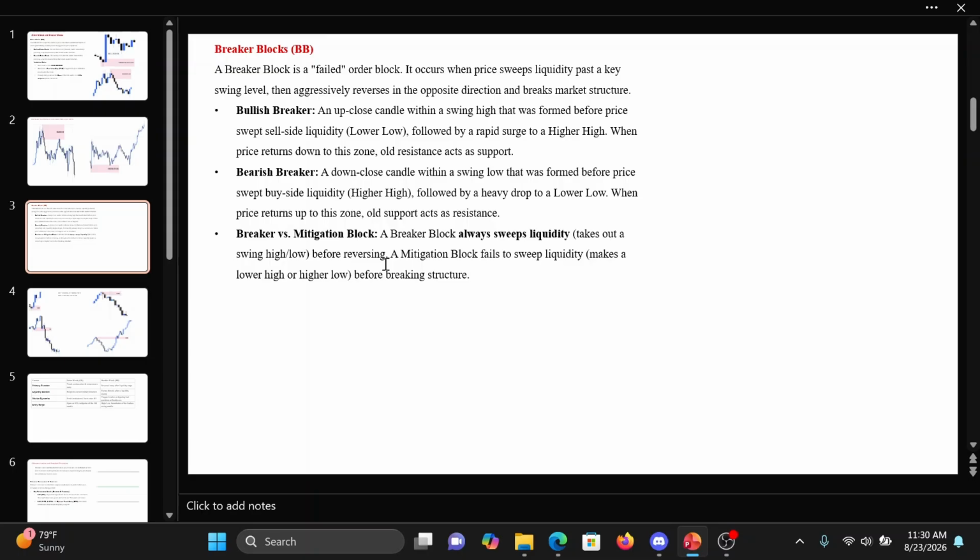It's very important. So we want to see a liquidity sweep before respecting that order block. Then a mitigation block makes lower lows and lower highs before breaking structure. So the mitigation block does not sweep liquidity.